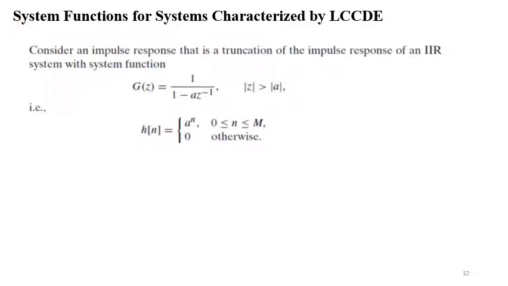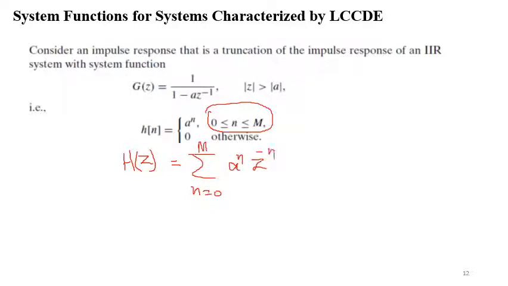Let it be represented by H of z. So this is equal to, to take the z transform, you just take the summation running from, because in this case we have just a finite sequence, n running from 0 up to M, and we have a to the power n into z to the power minus n.